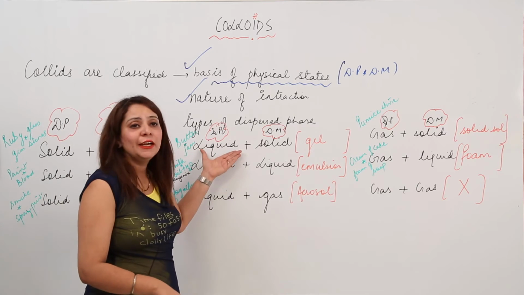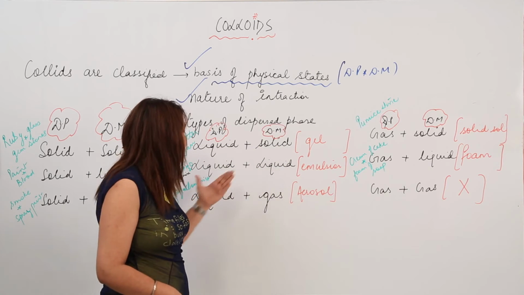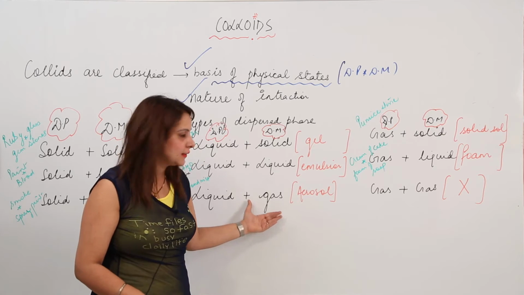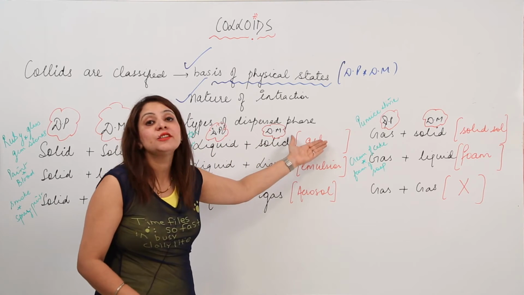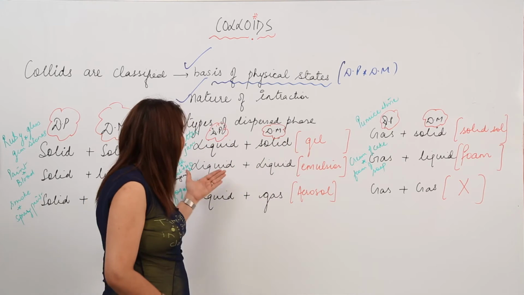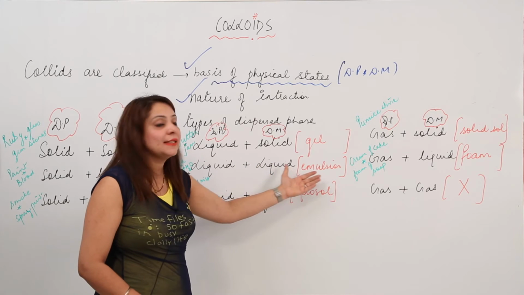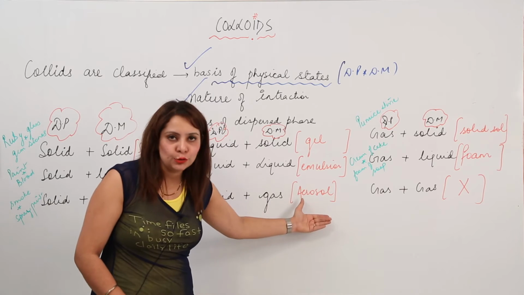Likewise, we have liquid particles suspended in solid, liquid particles suspended in liquid, and liquid particles suspended in gas. Liquid particles suspended in solid is called gel. Liquid particles suspended in liquid is emulsion, and liquid particles suspended in gas is again aerosol.